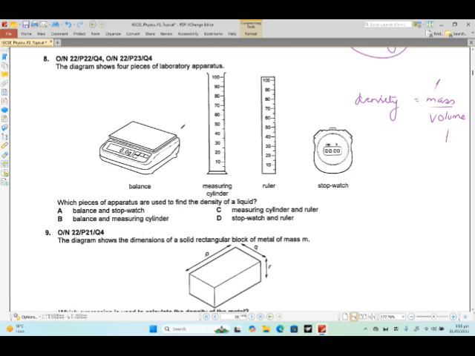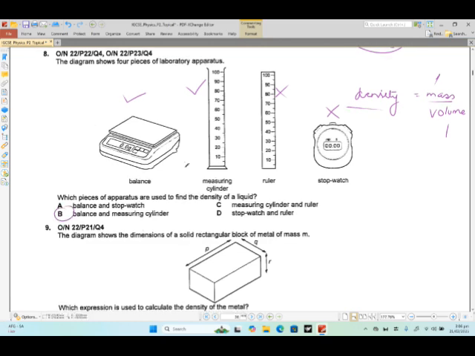Mass can be measured by a balance and volume can be measured by a measuring cylinder. A ruler is of no use over here, and a stopwatch measures time. It has nothing to do with density. So we need an option which covers this. B is the option, balance and measuring cylinder.